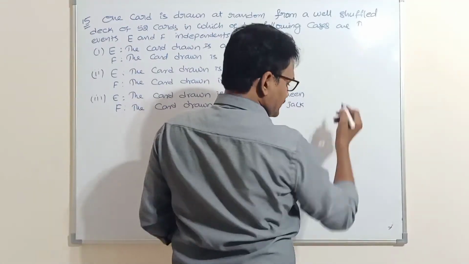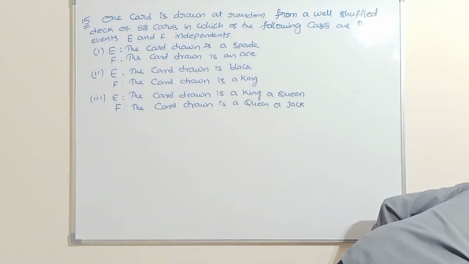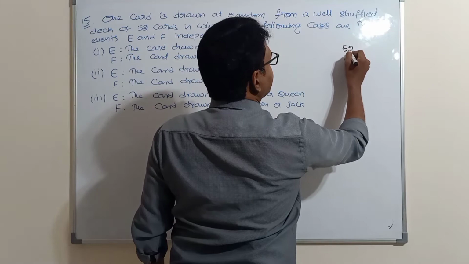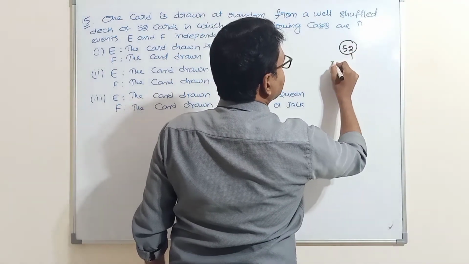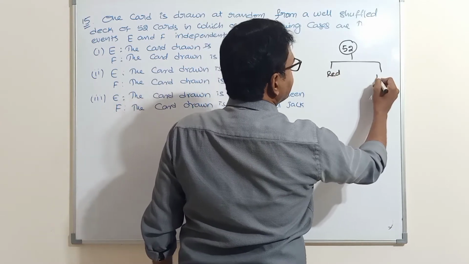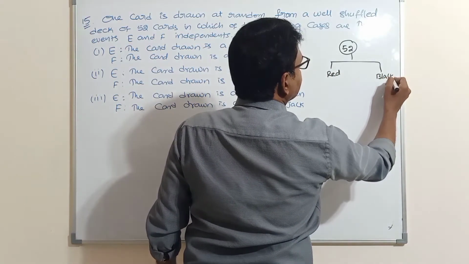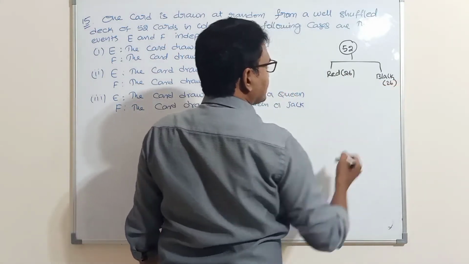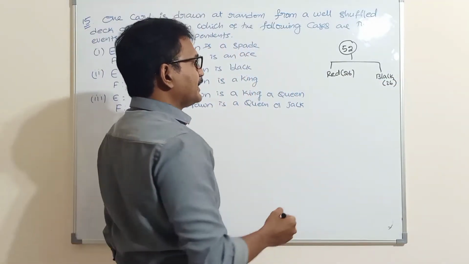A deck of cards means it contains 52 cards. Out of 52 cards, there are two colors: red and black. Red cards are 26. Similarly, black cards are also 26 in a pack of cards.